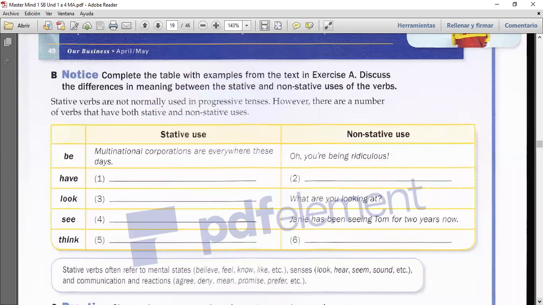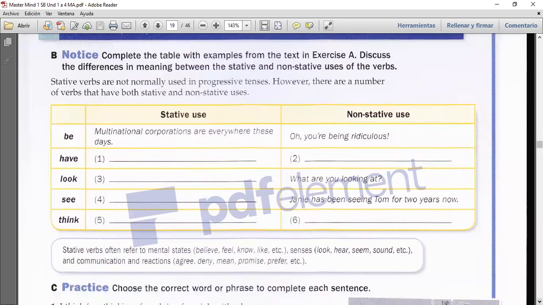Discuss the difference in meaning between the stative and non-stative uses of a verb.